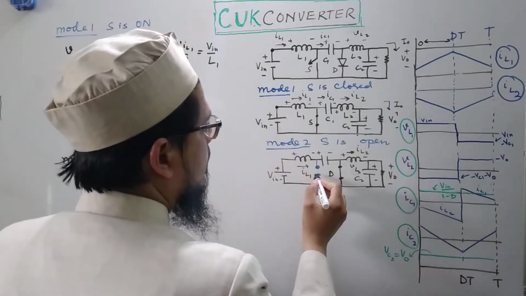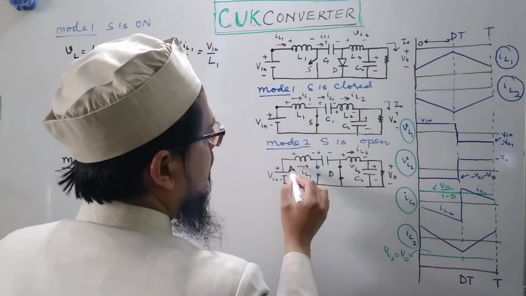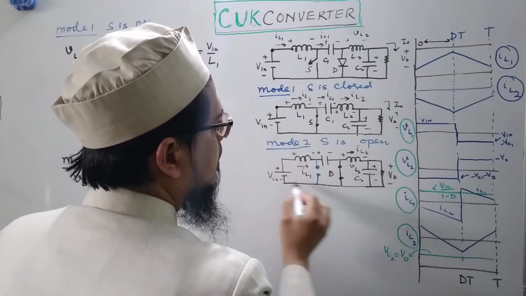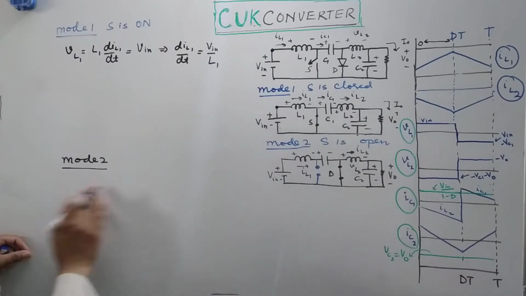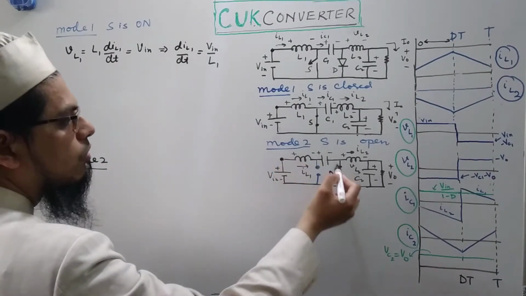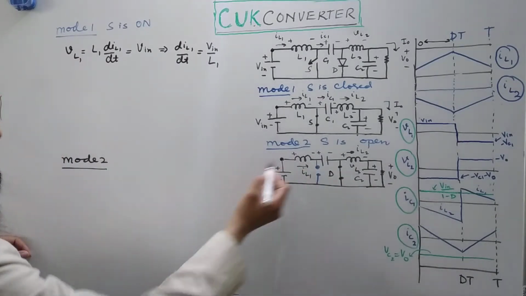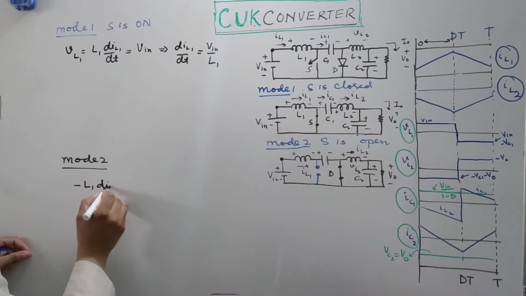In this mode, you could see that the switch S is now open, so we can apply KVL in this loop. Let me write down the equation. Let me start from here and go around this loop. We first encounter an inductor, so minus L1 dIL1 by dt.